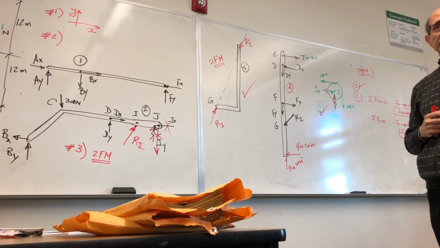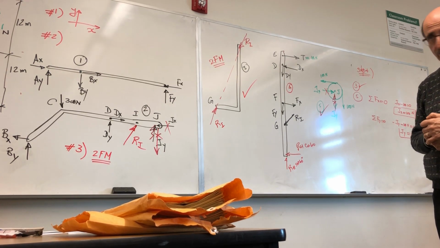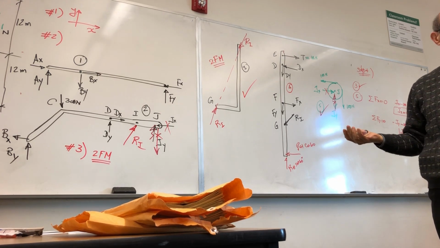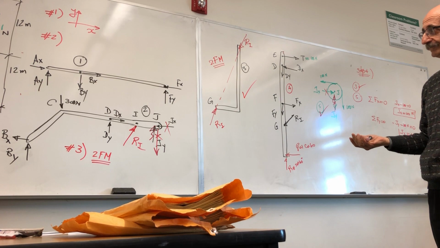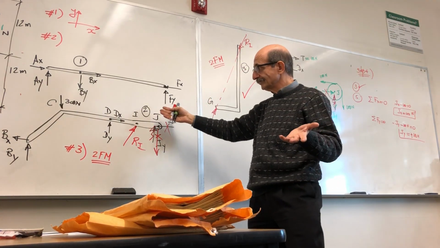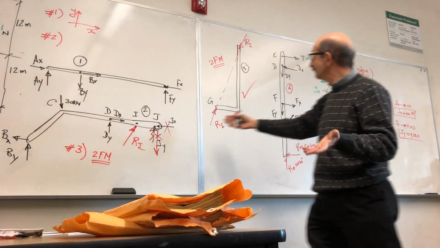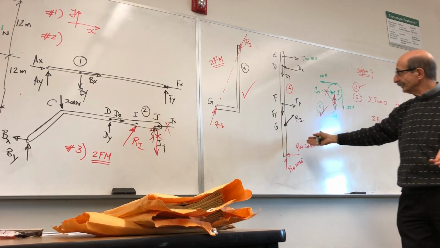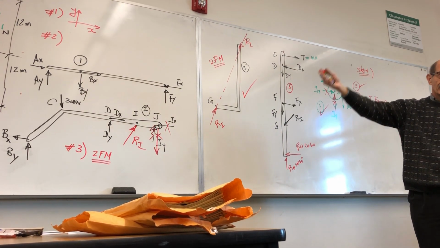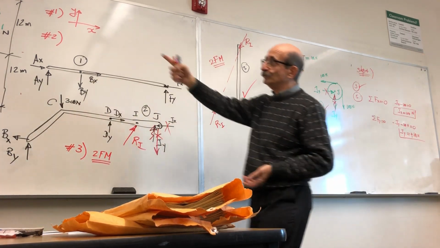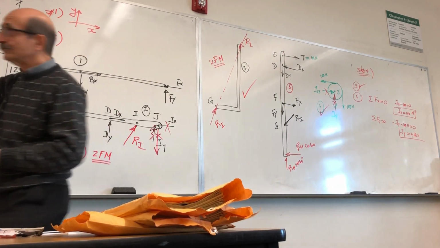Think of that one too. How many unknowns do I have there? 3. So which one do I start with, or use as the next one? 6, 5, 6, or 3? 3, right? So I'm going to use that free body diagram, right?